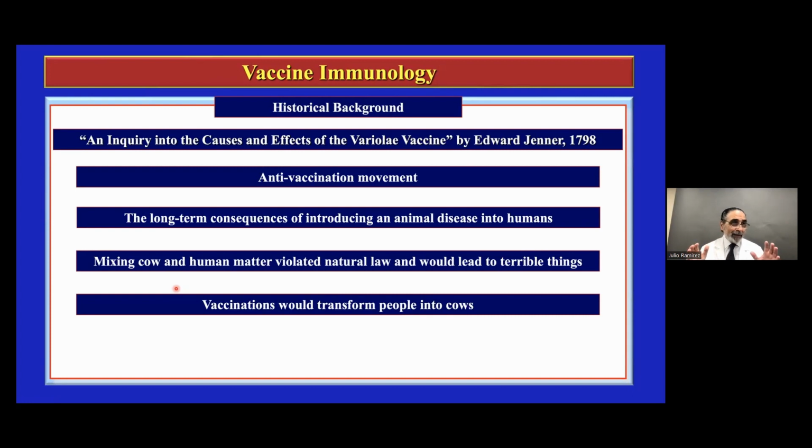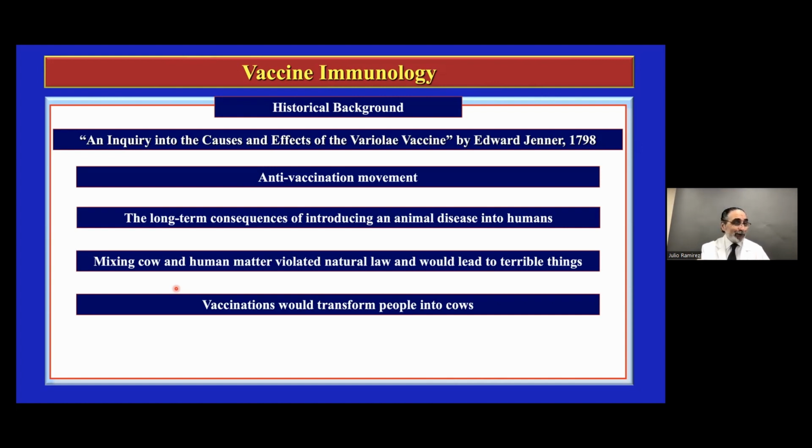There were doctors who were against it because safety was not proven, and primarily the church, because you're injecting something. Remember that humans are not animals, we are superior beings, and the others are the animals. So you're injecting something from the cow into a human. There were a lot of religious considerations, and you didn't have Twitter, but the claim that vaccine would transform people into cows was the big thing.